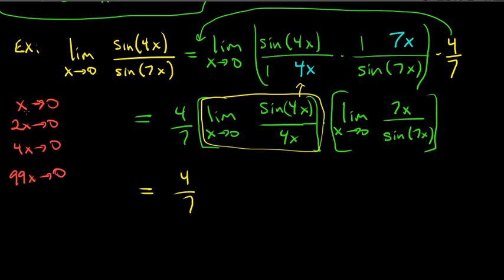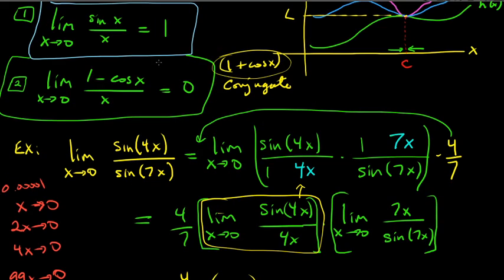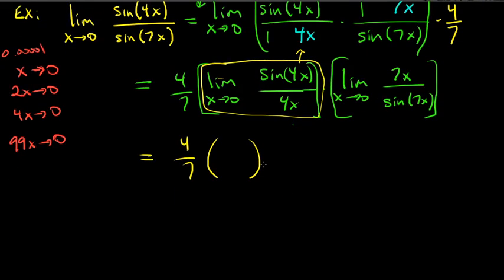If you plug in a small number for x, like 0.00001, then 99 times that is still not as close to 0, but it's still close to 0. It's just not as close. So the point is that this limit here is just 1. And the same thing here, this is also 1. So the answer is 4 over 7.